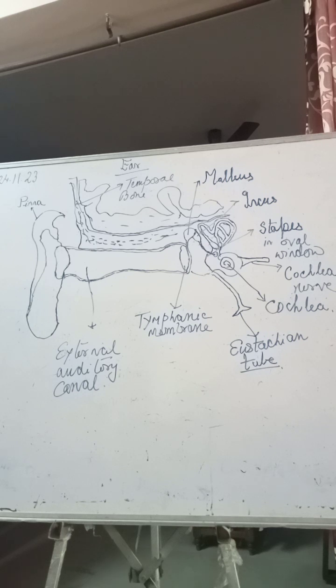The coiled portion of the inner ear is called the cochlea. These are the terms, as I said, that you class 11 students have to remember. There are two membranes of the cochlea, the Reissner's membrane and the basilar membrane.